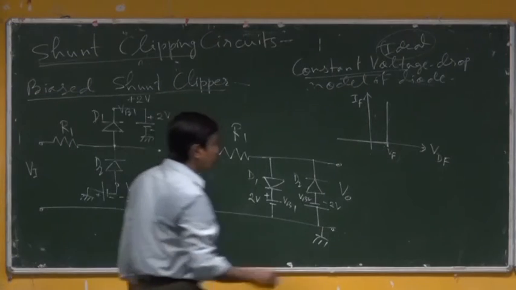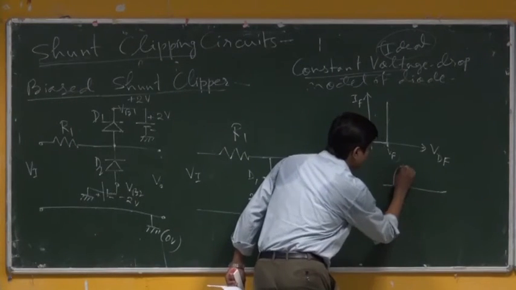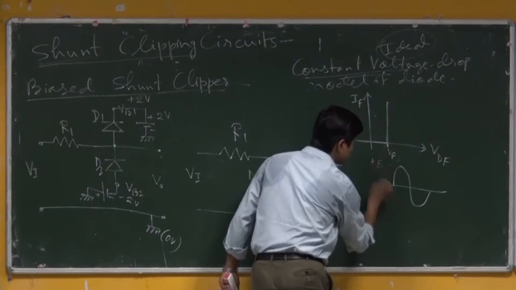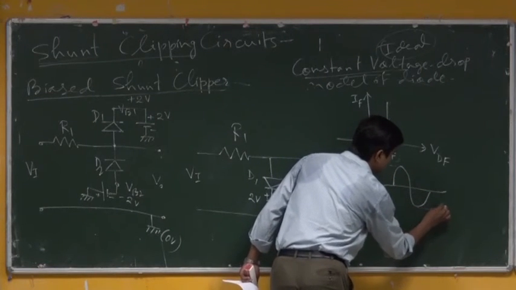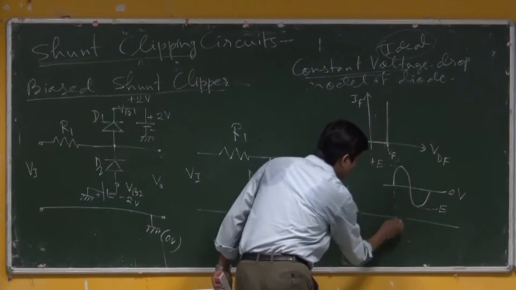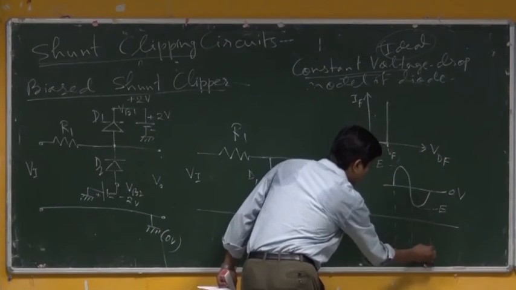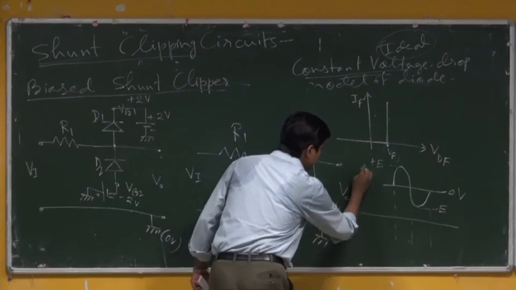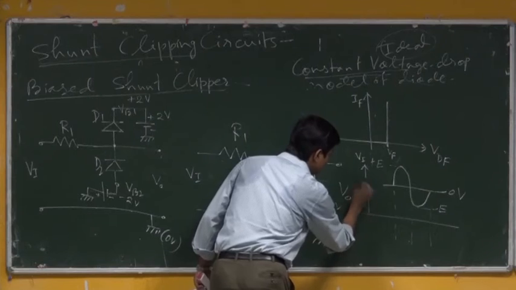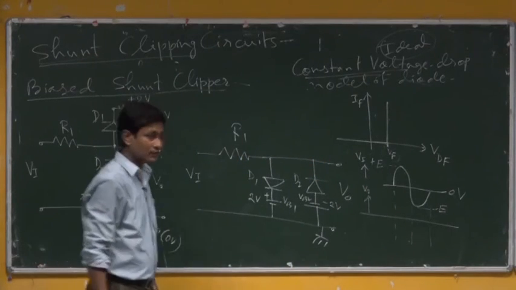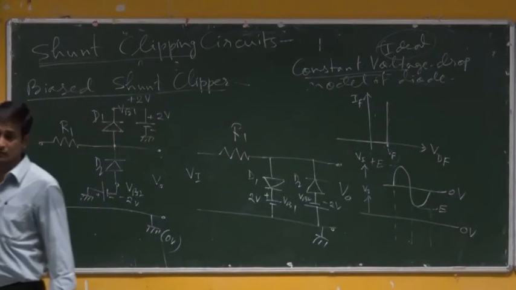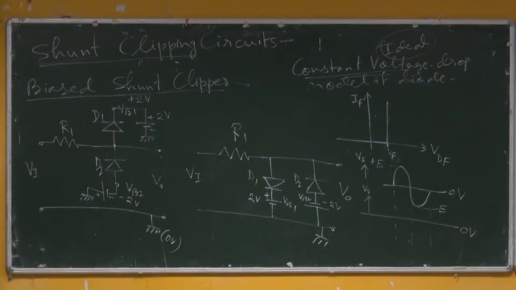Let's say the input waveform is of this shape, where the highest is plus E, and this part is minus E volt with respect to this 0, and this is Vi and this is V0. With respect to 0 volt, I would like to get the output voltage.